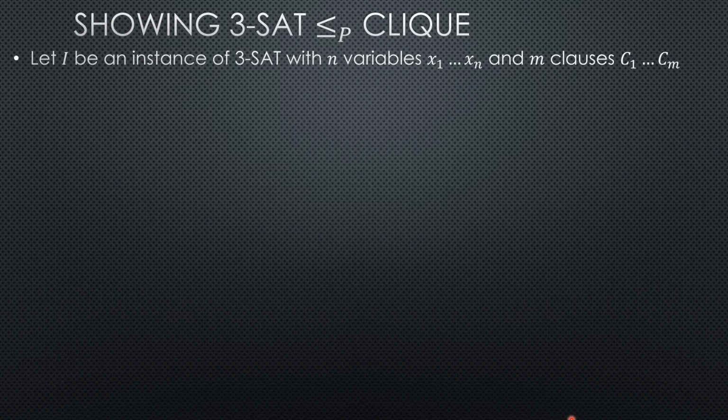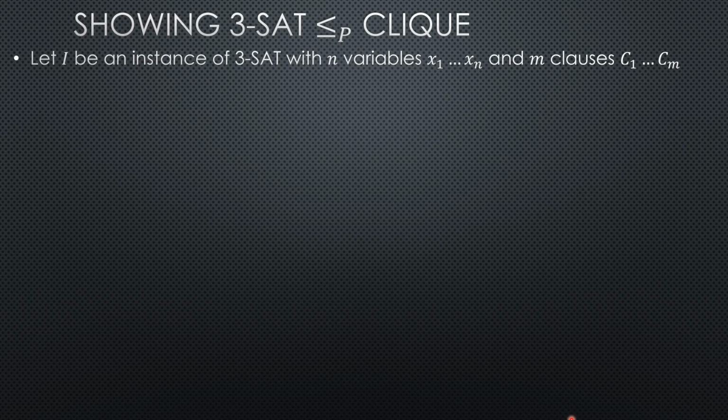I'm going to present a transformation here. At first, I'll just show you the transformation, and then as I go through the correctness arguments, hopefully it'll start to make sense why the transformation works, why it's a correct polytime transformation, why there is this connection between the 3-sat problem and the Clique problem.